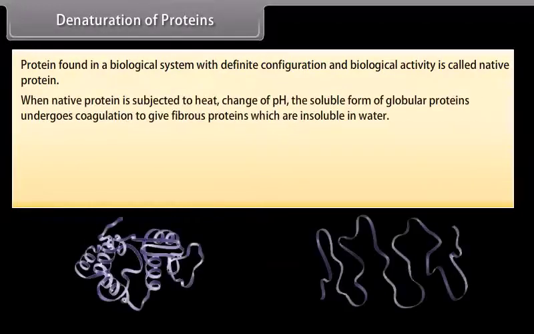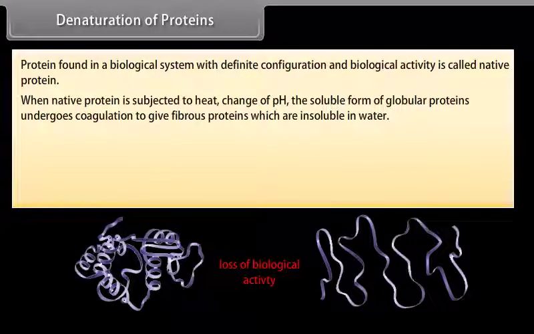Denaturation of proteins. A protein found in a biological system with definite configuration and biological activity is called native protein. When native protein is subjected to heat or change of pH, the soluble form of globular proteins undergoes coagulation to give fibrous proteins which are insoluble in water.